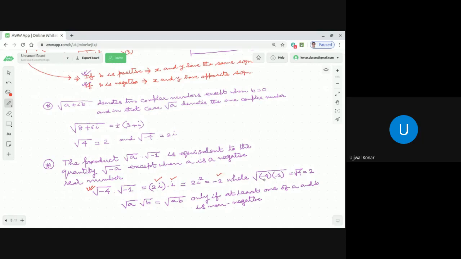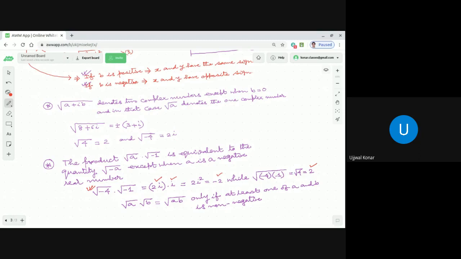While we know square root of minus 4 into minus 1 is equal to square root of 4, which is equal to 2. So are these mutually conflicting statements? Dear students, what we see is square root of minus 4 into square root of minus 1 is equal to minus 2, but square root of minus 4 into minus 1 is equal to square root of 4, which is equal to 2. So we conclude square root of a into square root of b is equal to square root of ab only if at least one of a and b is non-negative.